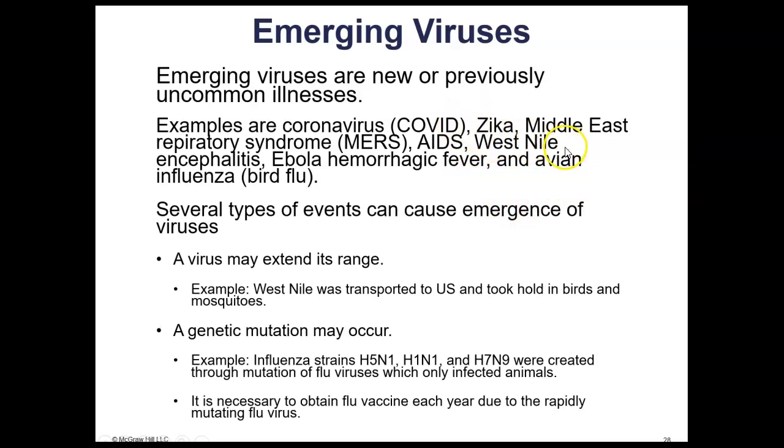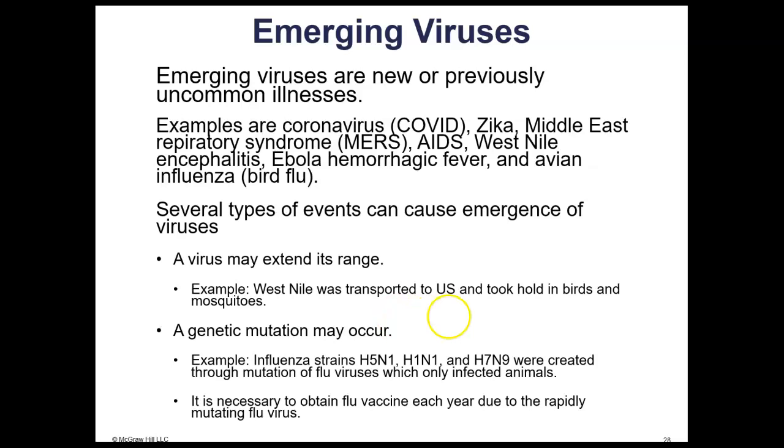Zika, Middle East Respiratory Syndrome or MERS, AIDS, West Nile encephalitis, Ebola hemorrhagic fever, and avian influenza or bird flu. Not all of them are brand new viruses, but they're new as far as human history goes. They're pretty new, okay?